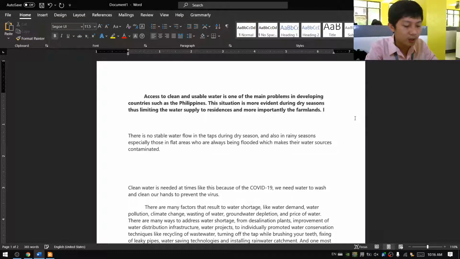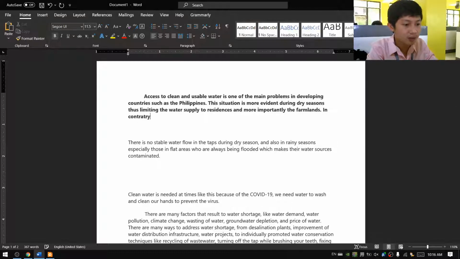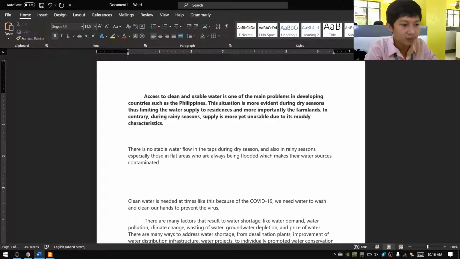In contrary, during rainy seasons, supply is more yet unusable due to its muddy characteristics. Okay, that's it.